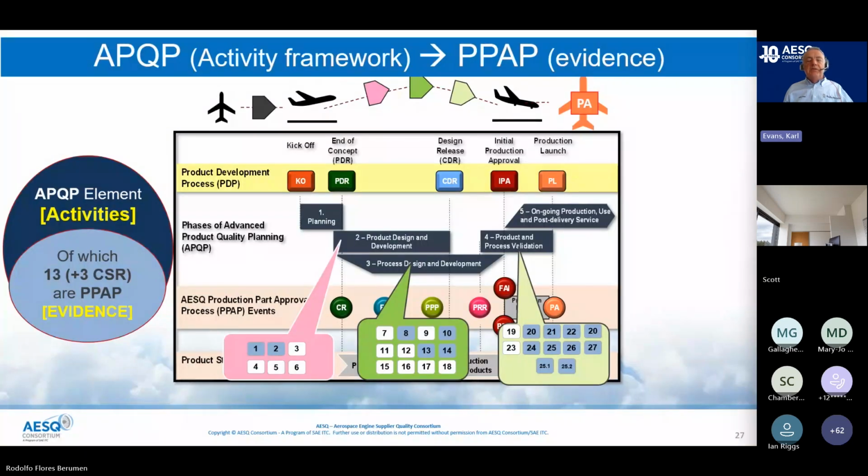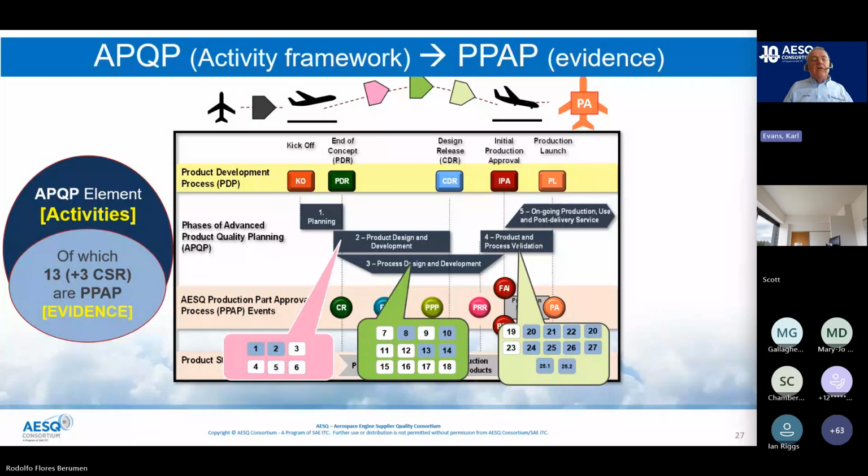Let me put this in the context of wrapping up what we've just covered. First of all, we briefly introduced this analogy of flight. Throughout the flight, APQP activities are taking place, and that's within this framework. So what's the role of PPAP? Well, PPAP's evidence.